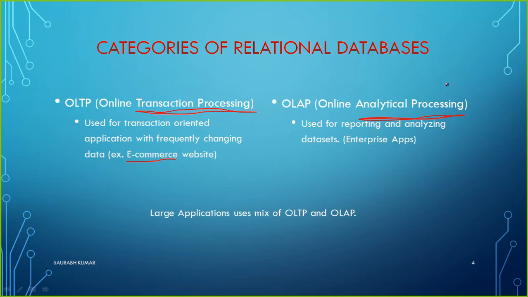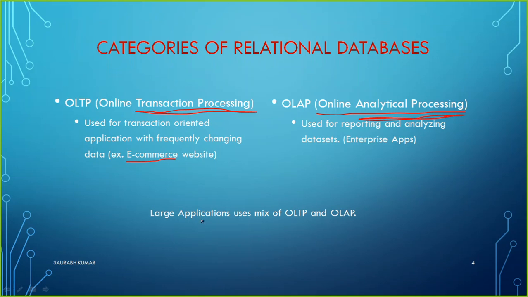That type of relational database we consider as online analytical processing. For example, if you are working in a company, and your company has a big chart of what the sale was last year, the year before, and in the last 5 years, and you are using some application to fetch that data, in that scenario, what kind of database would we consider? It will be considered an online analytical processing type of database.